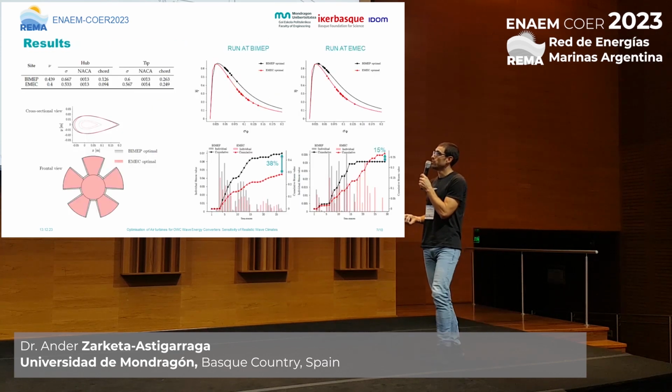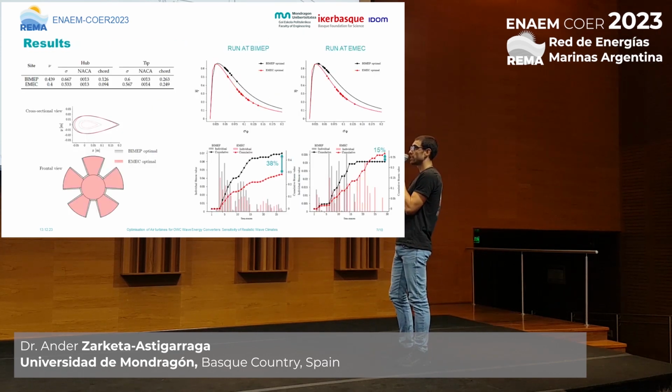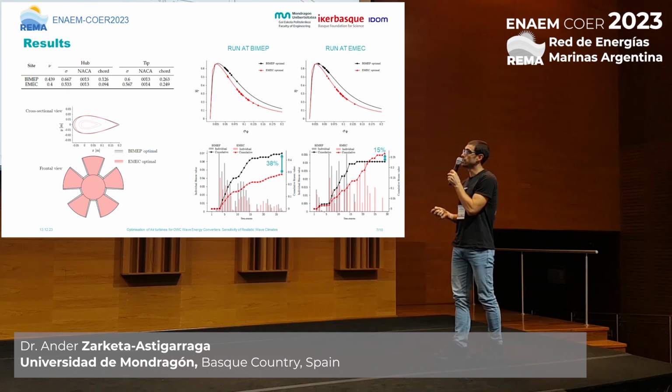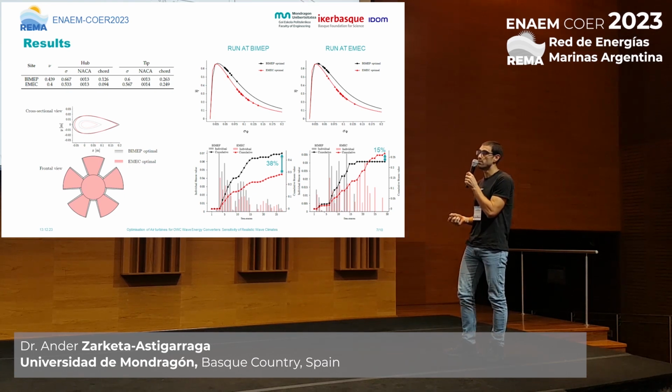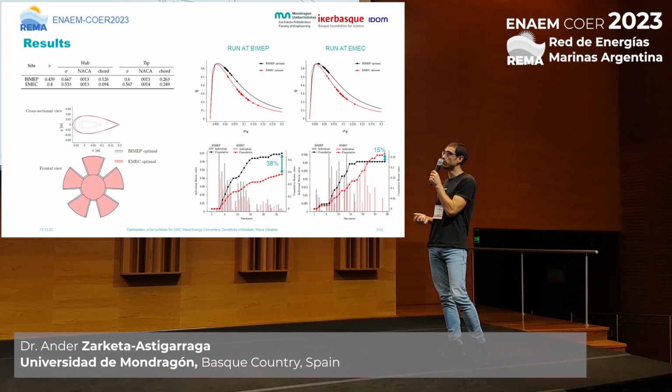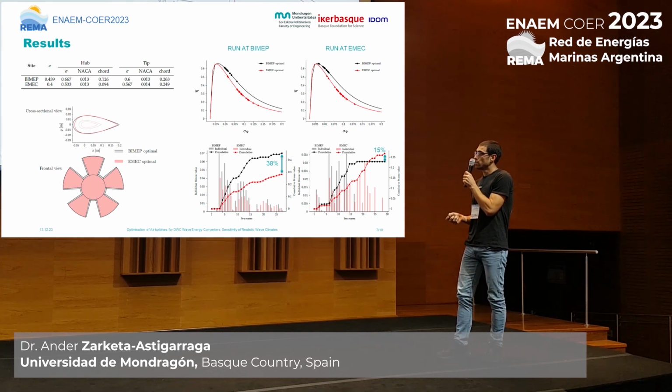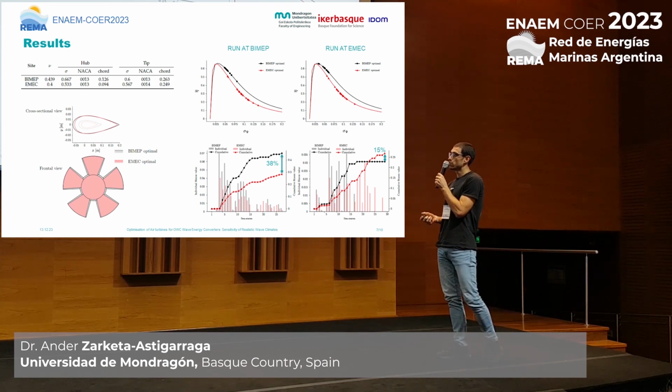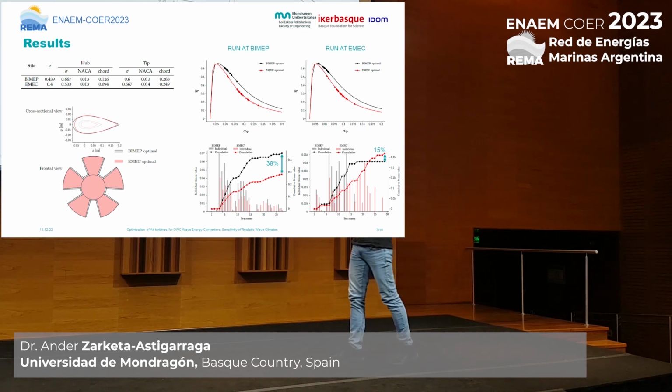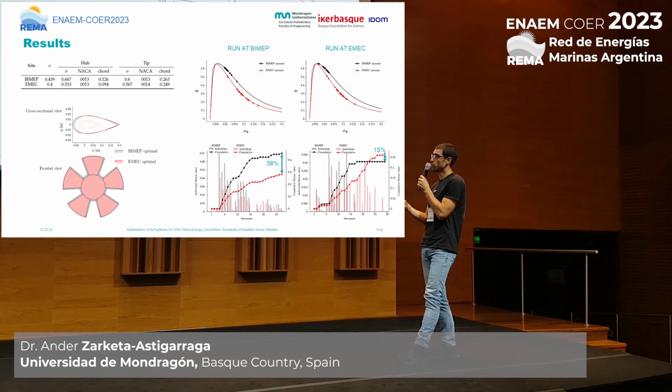What do we obtain? Well, here are the preliminary results. If we go to the left-hand side of the slide, we can see the table that summarizes both the BMEP optimal and the IMEC optimal configurations. And at the bottom, we can see an illustrative example of how the geometry of the turbine varies when changing from BMEP to IMEC.